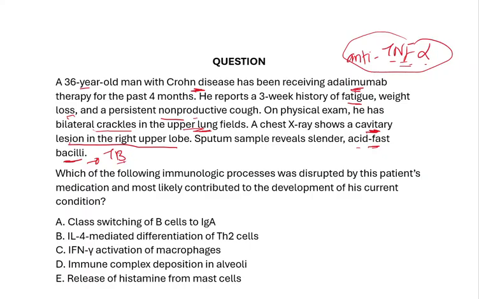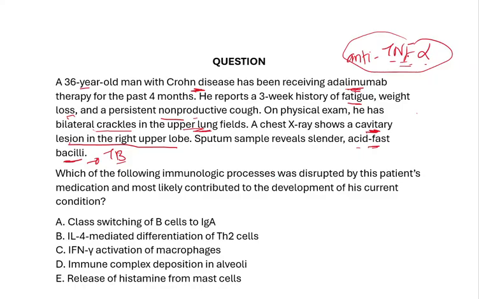And the most likely reason why this patient has tuberculosis is because the patient has latent tuberculosis, and was started on this medication, thereby causing reactivation of his latent tuberculosis. So which of the following immunologic processes was disrupted by this patient's medication and most likely contributed to the development of his current condition?